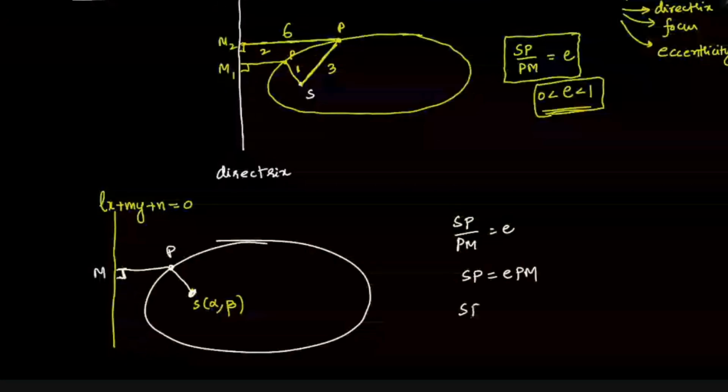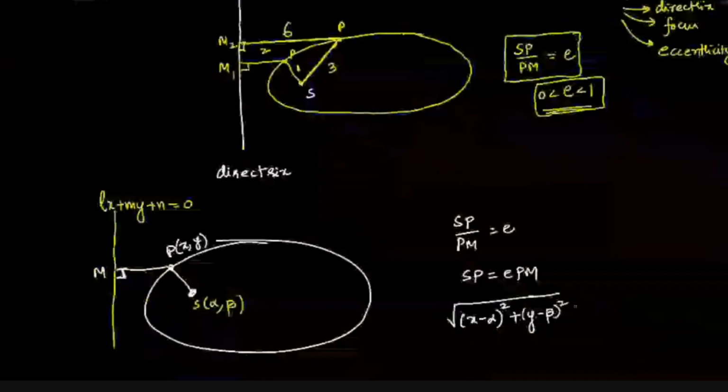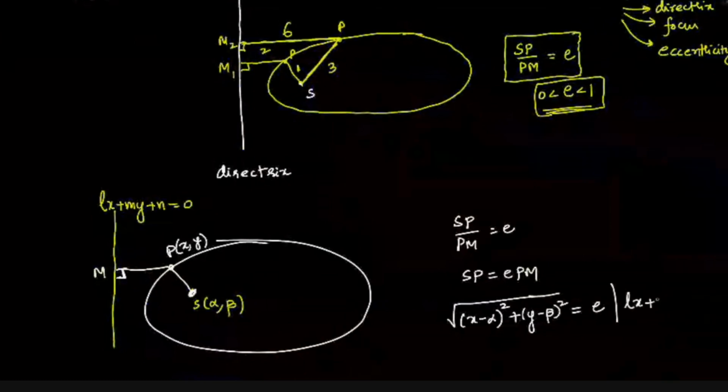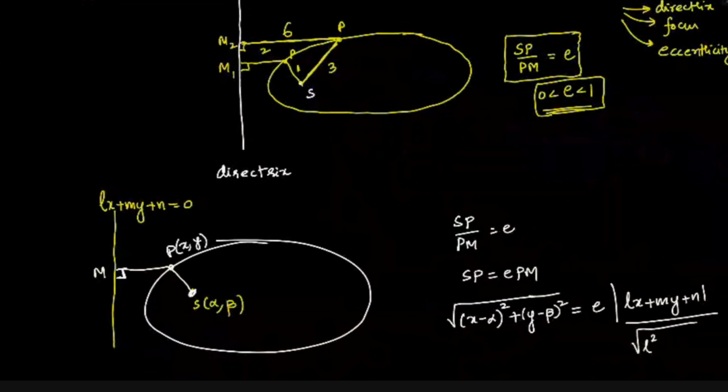What is SP here? Take P as some point x comma y. So this is the root of (x minus alpha) square plus (y minus beta) square, equal to E times PM, the perpendicular distance from the point to the directrix: modulus of lx plus my plus n divided by root of l square plus m square.